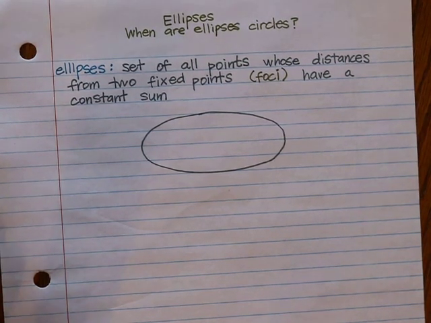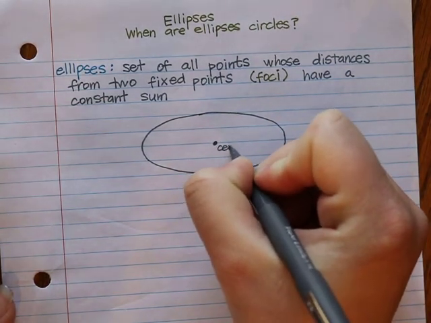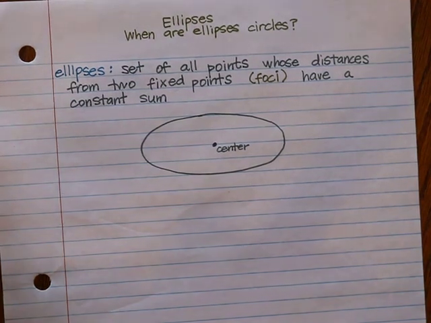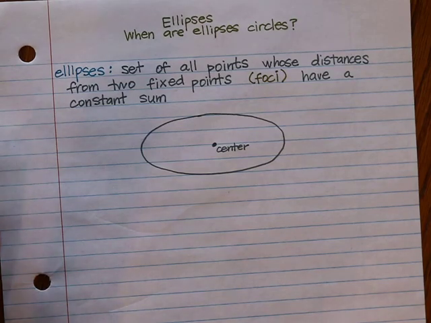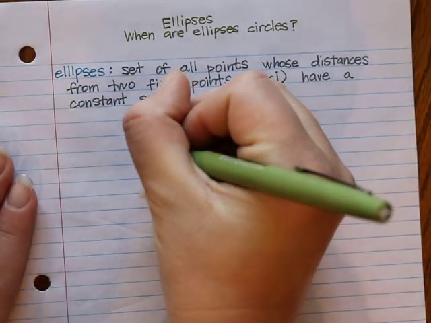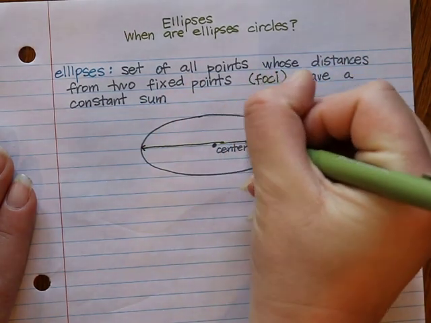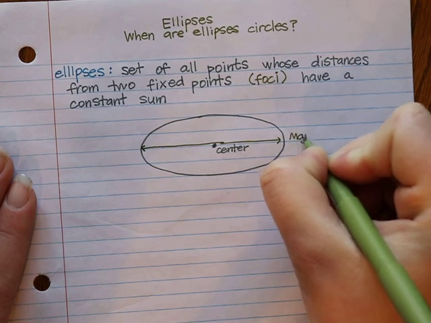Anyway, this ellipse has a center. Then this ellipse has two axes, right? It has one that's longer. That is called the major axis.